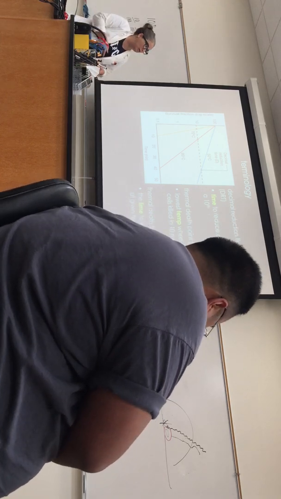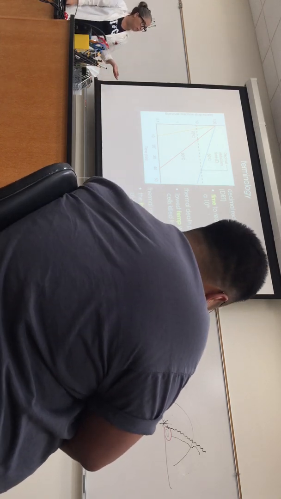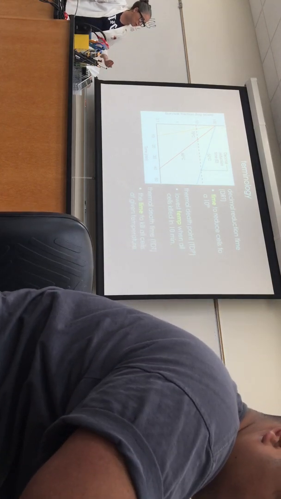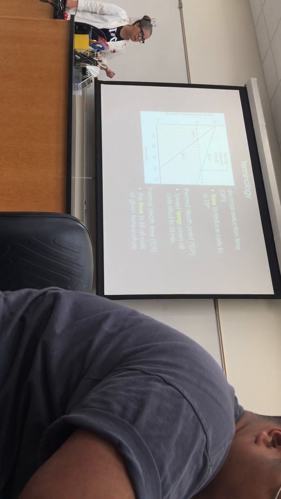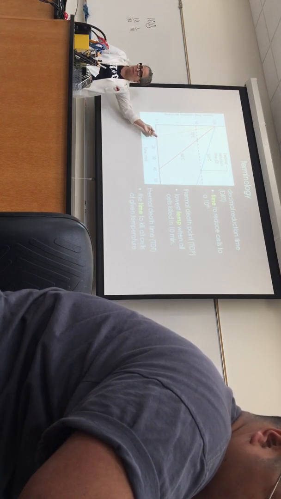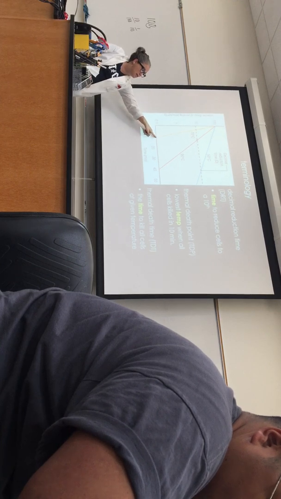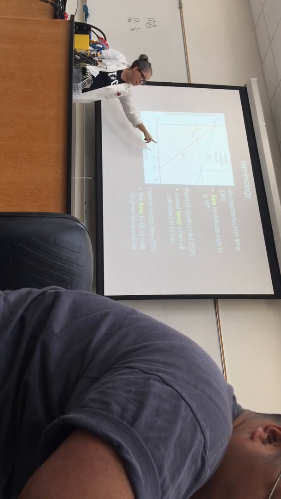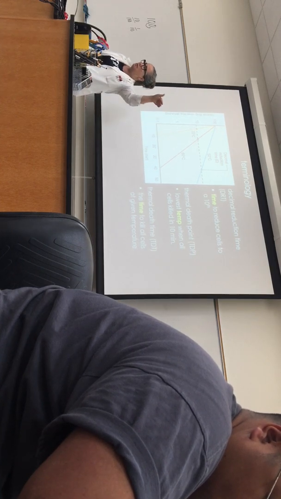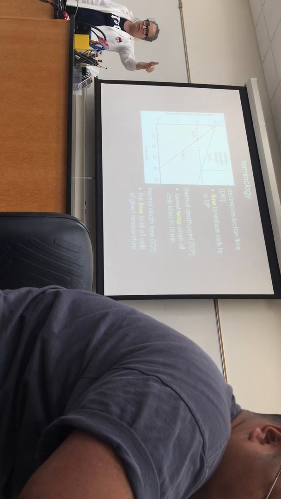So if these are all the same organism, and one is exposed to 50 degrees, one is exposed to 60 degrees, and one is exposed to 70 degrees, if we want to know the thermal death point, we have to see when they get to the bottom. And this is where 70 degrees gets to the bottom, this is where 60 degrees gets to the bottom, and 50 degrees we don't know because we stopped the experiment before we could get the data.